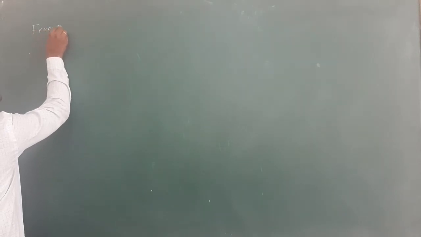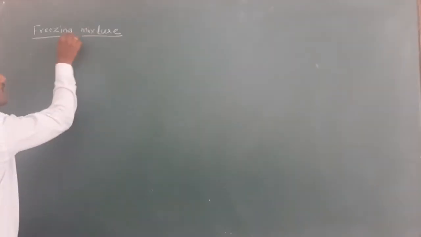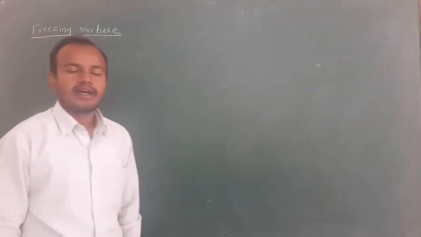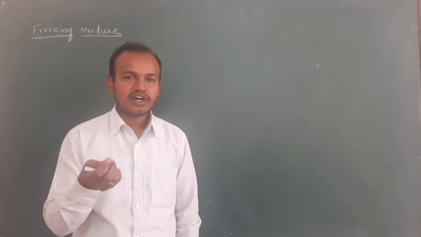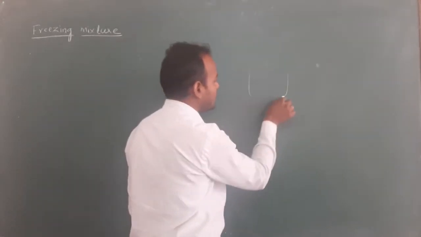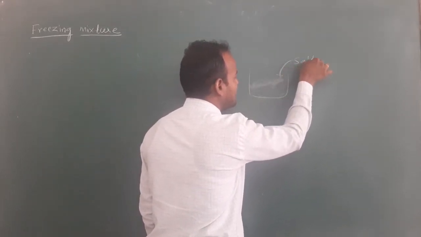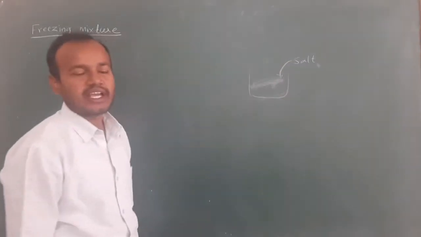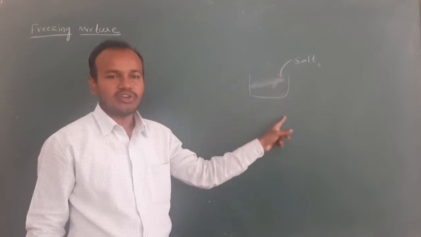So as we know, when salt is added to water, what happens? Its freezing point goes on decreasing. So a freezing mixture is used to create a lower temperature for water, because when you add any salt, any non-volatile solute, to this solvent, the freezing point of water goes on decreasing.